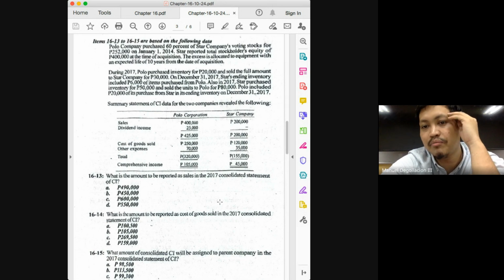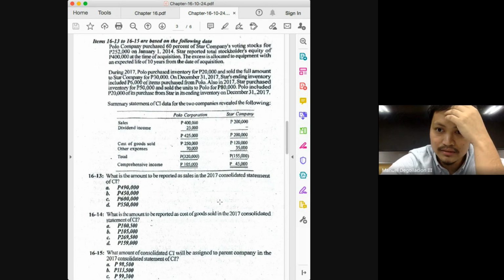It will not be 70 plus 35. It would be 70 plus 37. How much will that give you? 107. Deduct 107 from 220,500. That should also give you 113,500. Okay, very important, class. The amortization of the excess would be an adjustment to the expenses of the subsidiary.